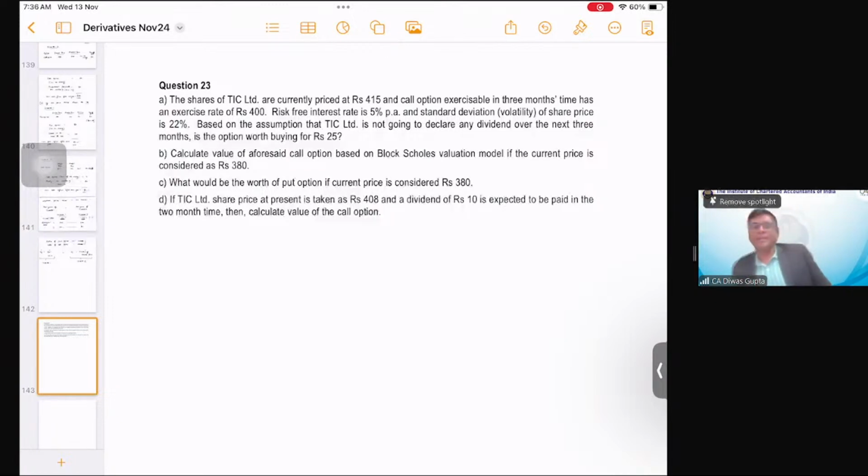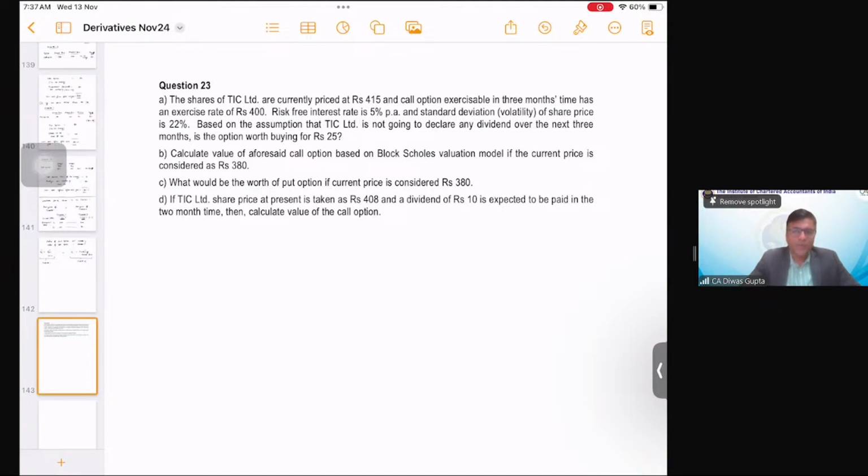So question number 23, students, is a very good question because it covers the Black-Scholes model and put call parity theory both. It says that the shares of TIC Limited are currently priced at rupees 415 and a call option exercisable in 3 months' time has an exercise rate of 400.